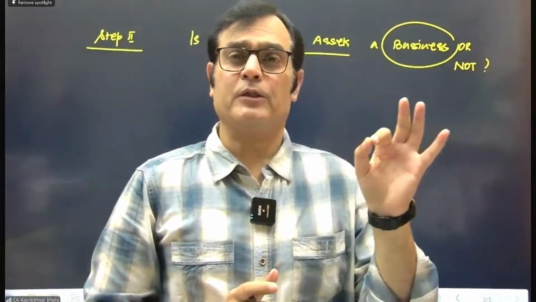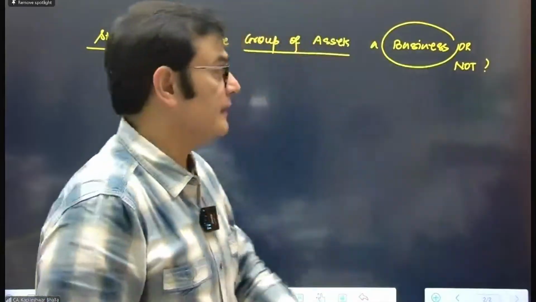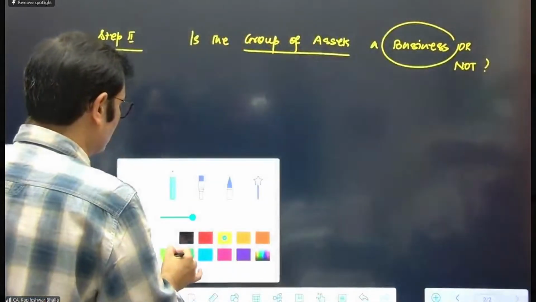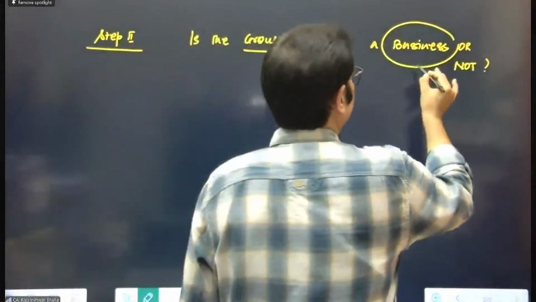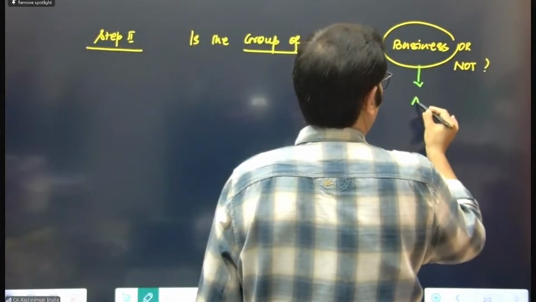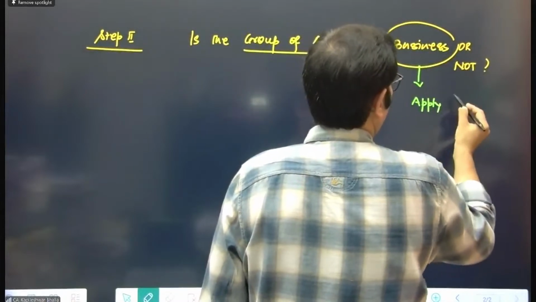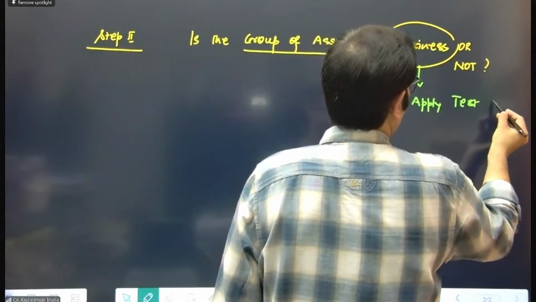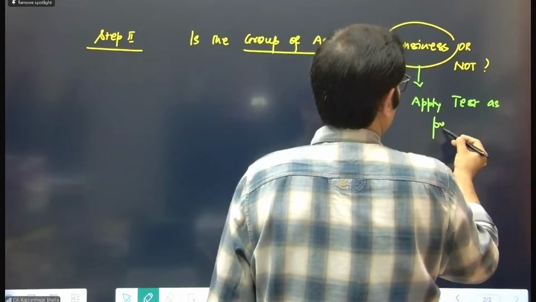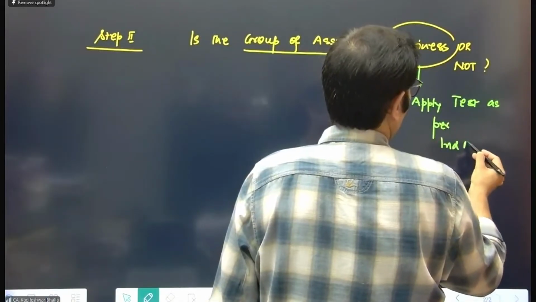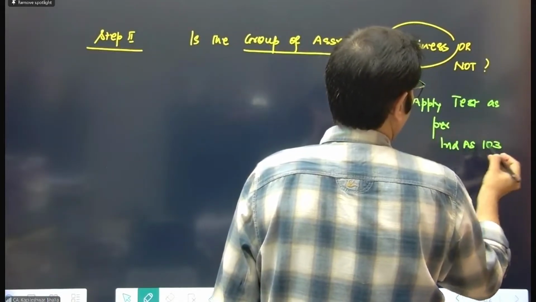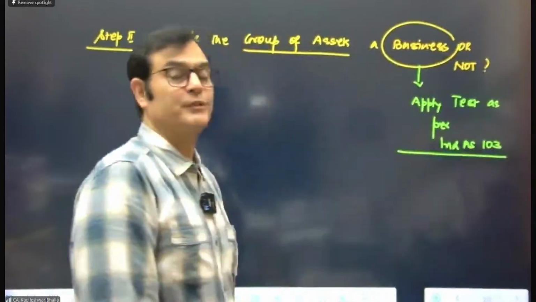And just to document it out here, when you say that it is a business or not, we need to apply the test. So for this, we need to apply the tests as per Ind AS 103, which are prescribed in Ind AS 103.